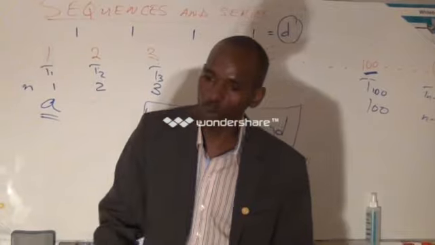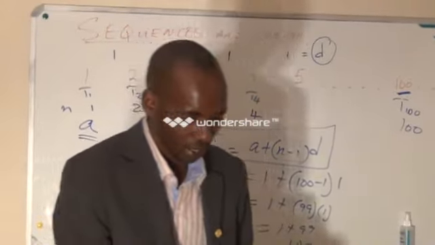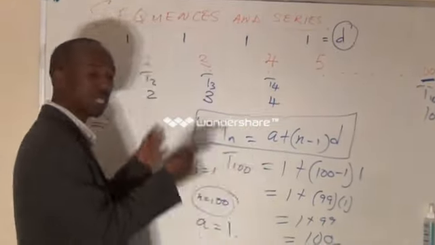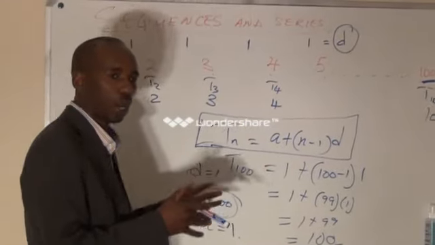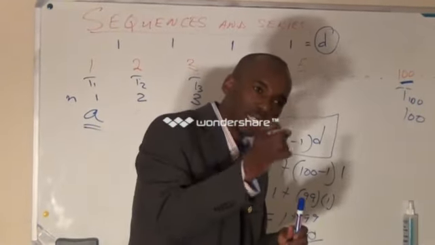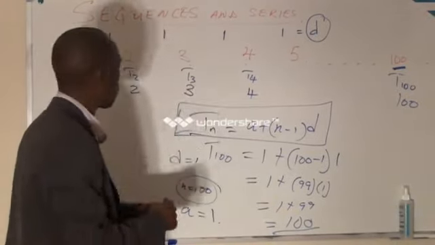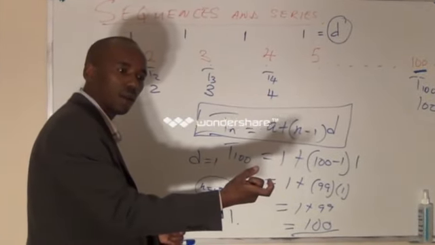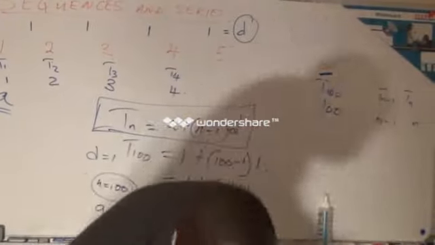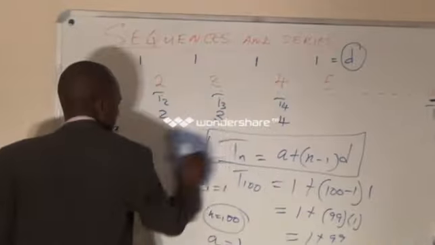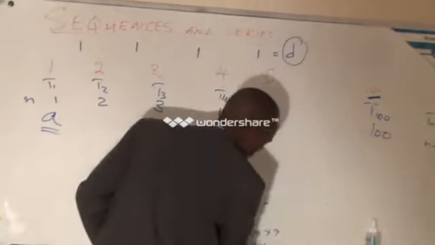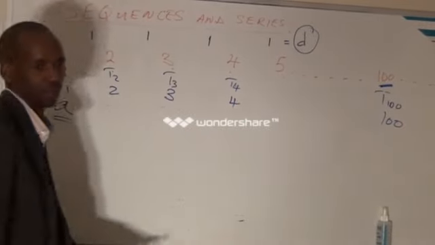And let's actually go on to define something very important. A sequence like this one, where we get the next term simply because there is something constant that we're adding. We have seen here, we were constantly adding 1. Such a sequence, where we simply have a common difference, and we have to simply add that common difference for us to find the next term, is called an arithmetic sequence.